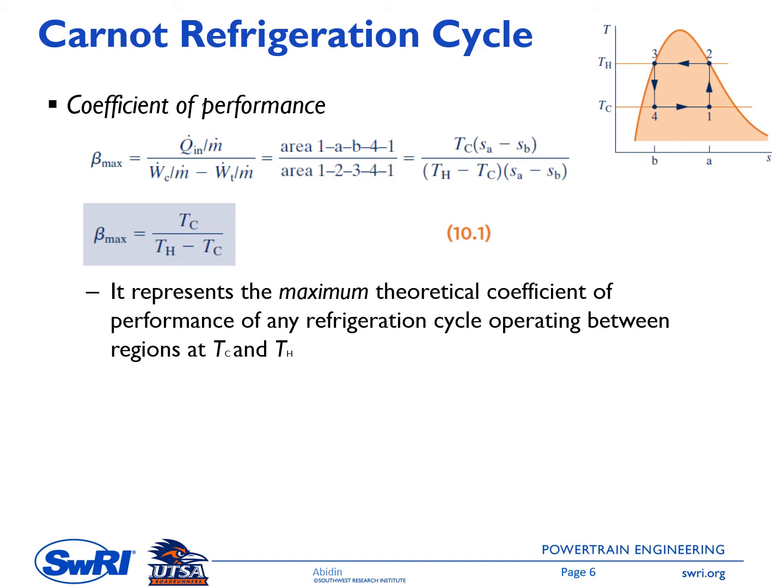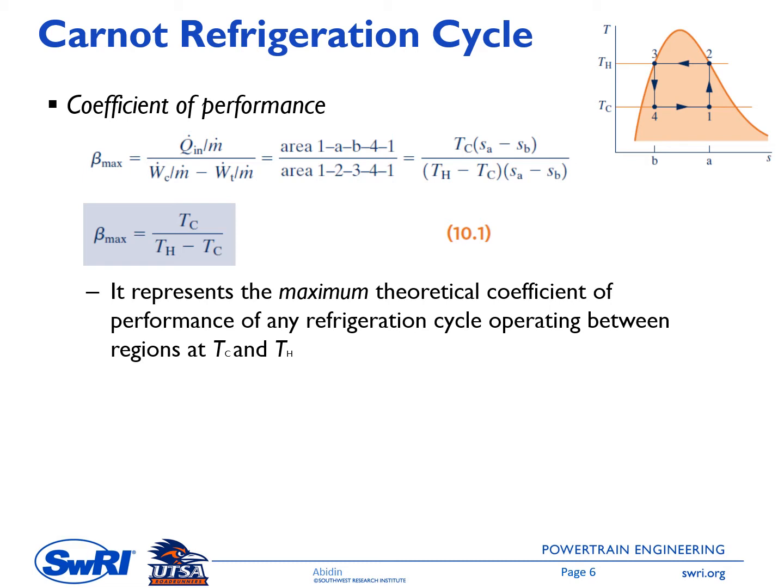The way it is estimated is the same as the way we estimate the thermal efficiency of the previous cycles. It is the ratio of what we gain, what gives us a benefit, over what we pay. In this refrigeration cycle, what we gain is the Q in.